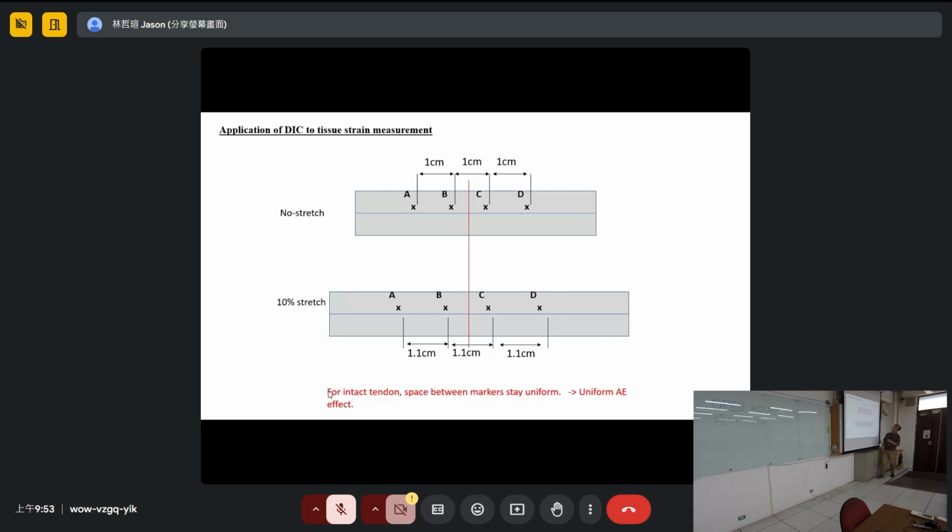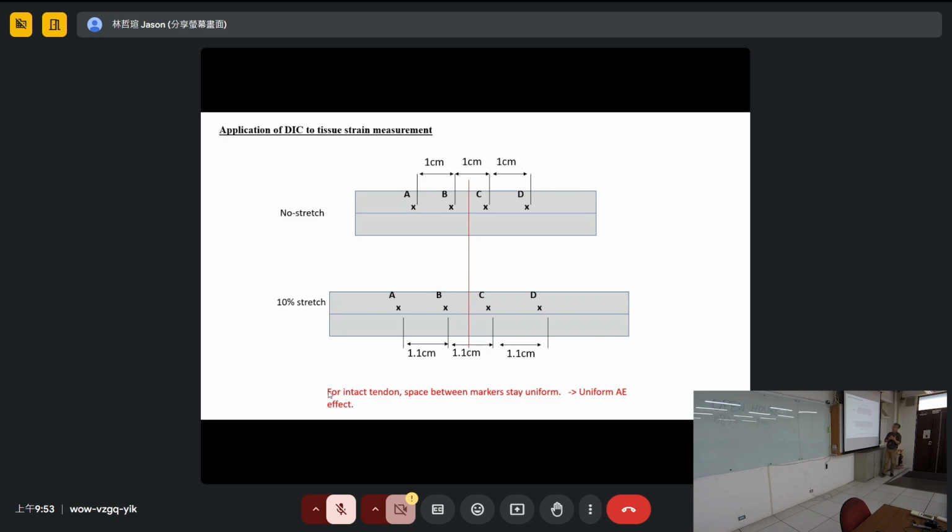Then what will happen to these markers A, B, C, D? They will simply stretch, the spacing will stretch. 1 centimeter will become 1.1. BC is 1 centimeter, it will stretch to 1.1. Here, original spacing was 1, so here it will stretch to 1.1, right?